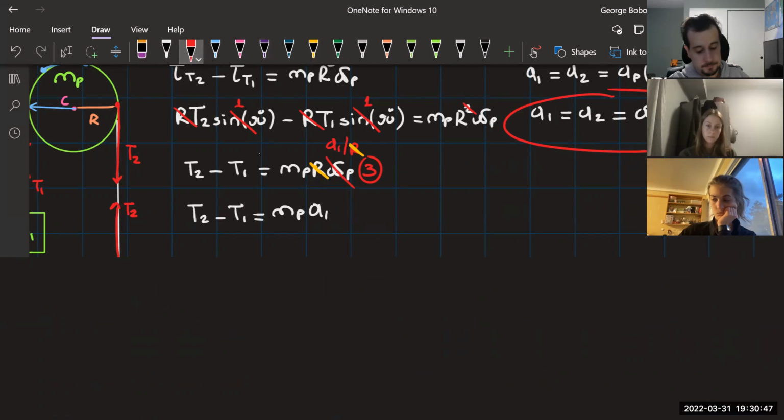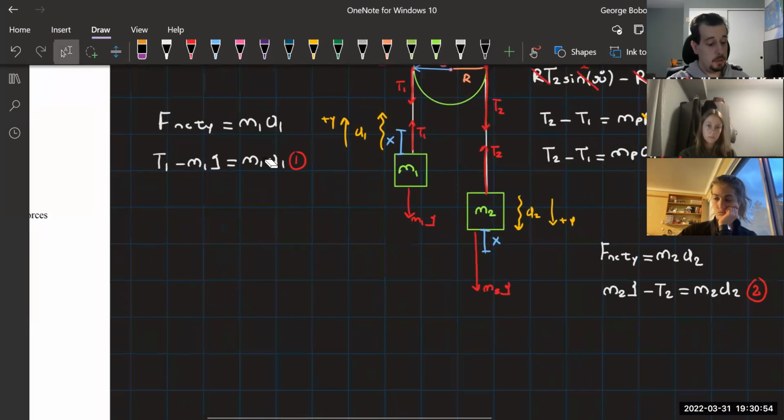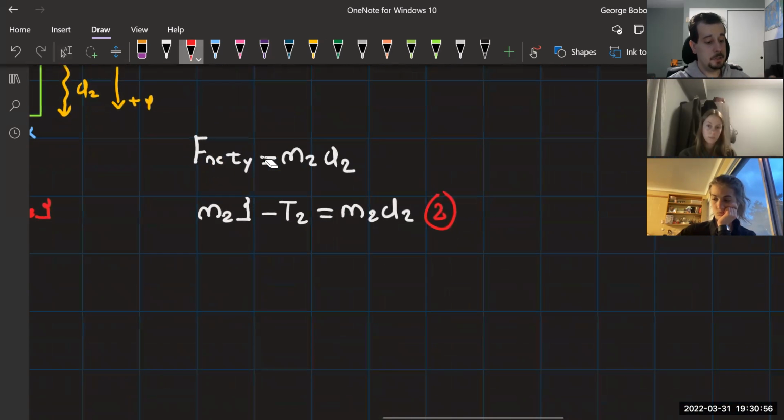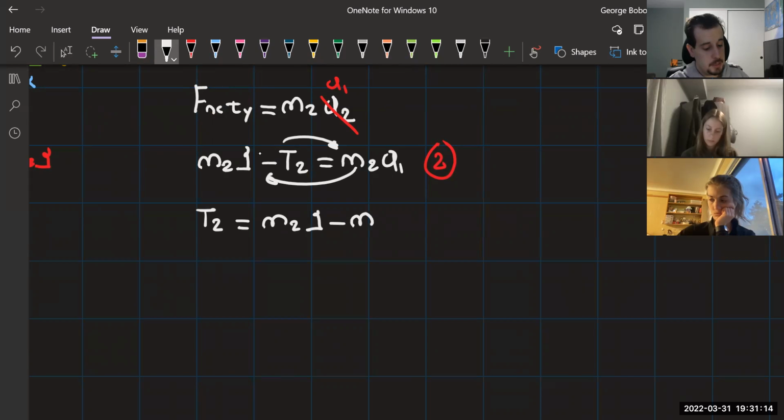That's it. Fair enough. And the only other change I have to make here is to call that A1, because they are the same thing. Now, while I'm at it, I could isolate for T2, bring that there, bring this here, getting myself M2G minus M2A1. I'll call that my second equation.